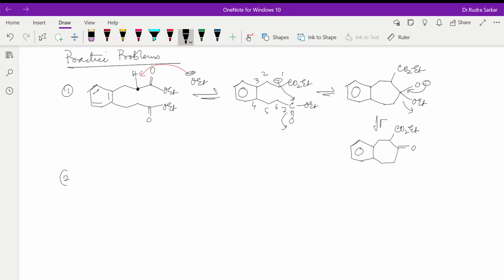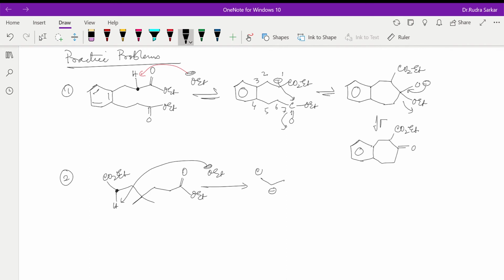Let us try another one. Something like this. Again, to do with OET minus. So this is your alpha H. Take this out.